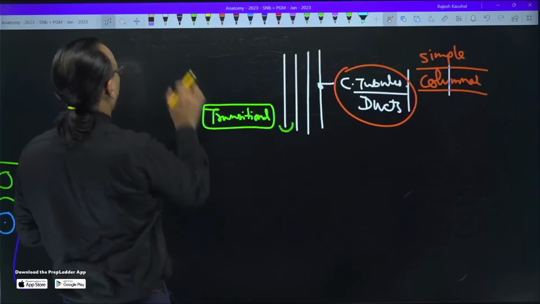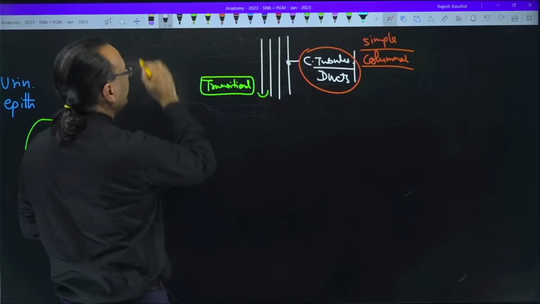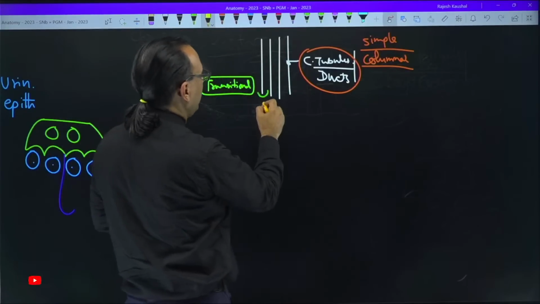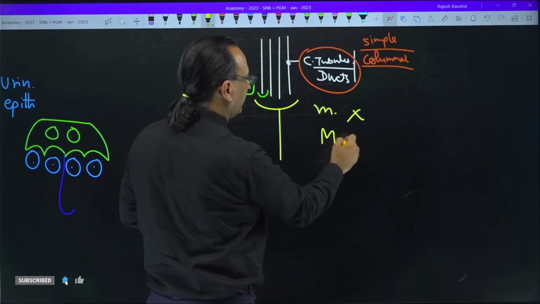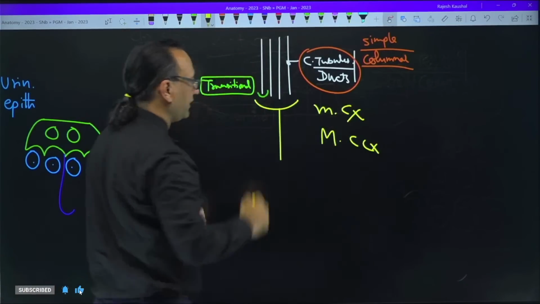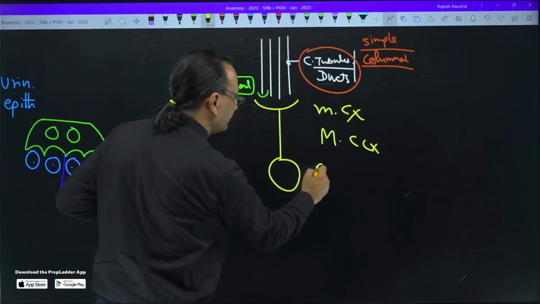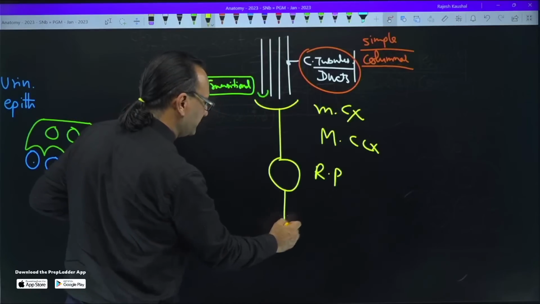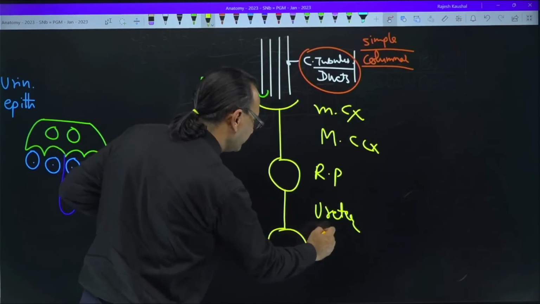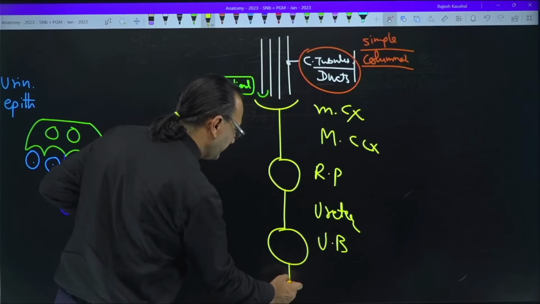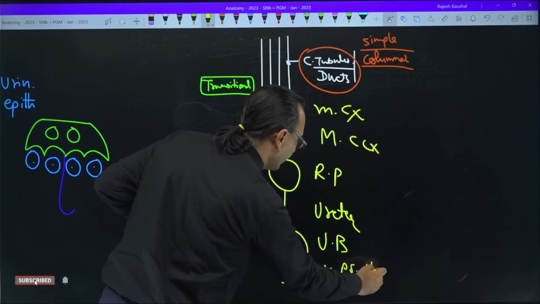After that, from the collecting ducts, as we proceed further, it can be seen in the minor calyx, major calyx, and after that the renal pelvis of the kidney, after the renal pelvis the ureter, then the urinary bladder, and after the urinary bladder the proximal prostatic urethra.